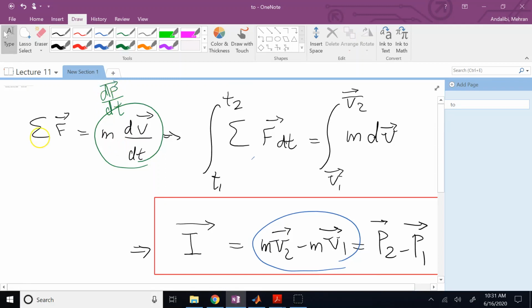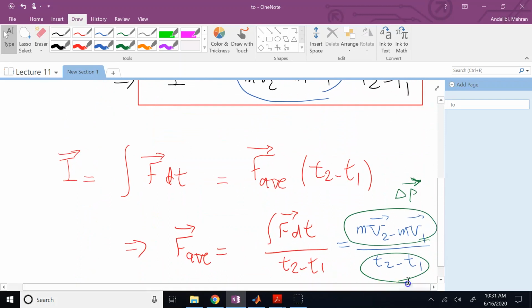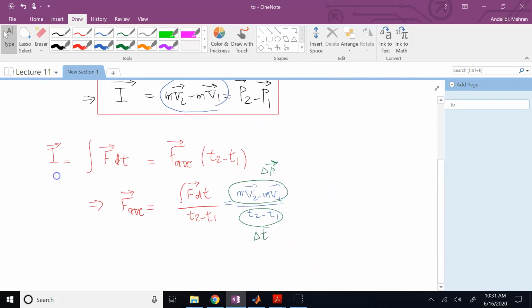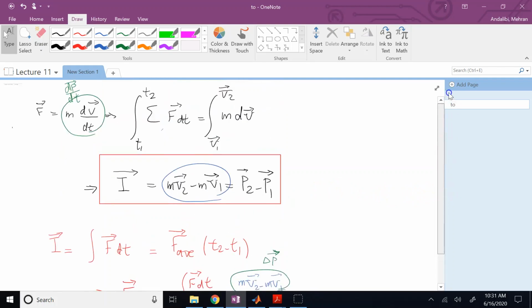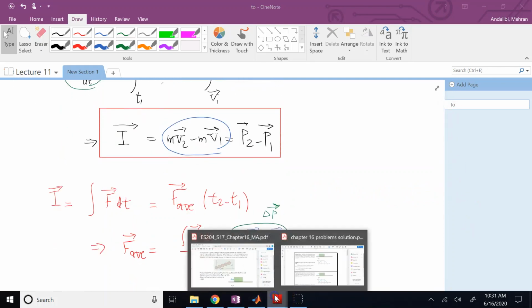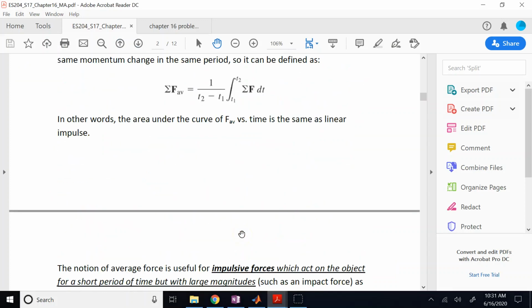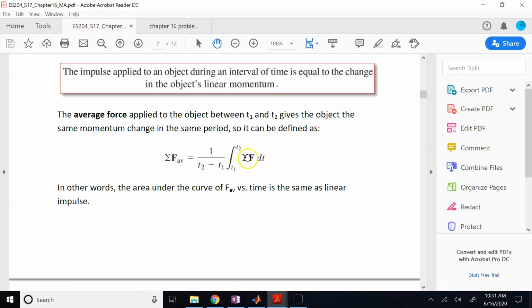So dP over dt is F instantaneous, but delta P over delta T is F average. It's like when we did instantaneous velocity and average velocity. Instantaneous velocity was dr over dt, average velocity was delta r over delta t. The same thing here, dP over dt and delta P over delta T. So that might be a good thing to add to your lecture if you want.